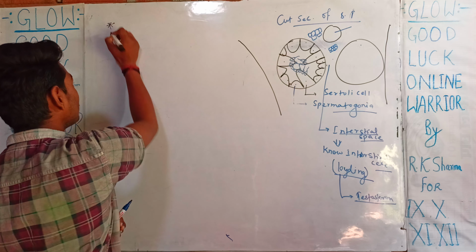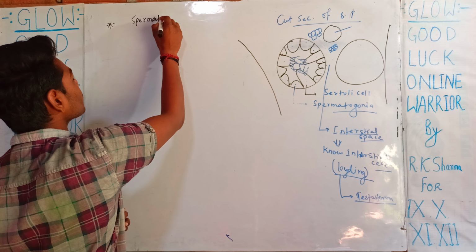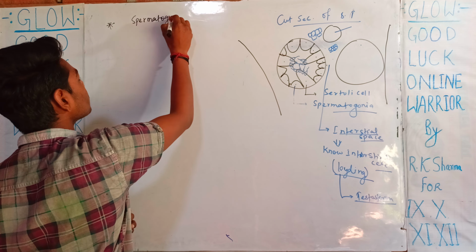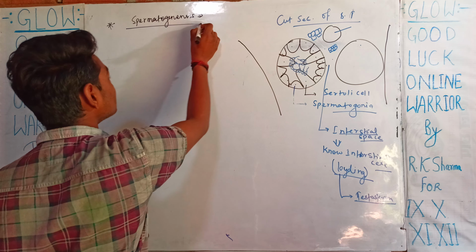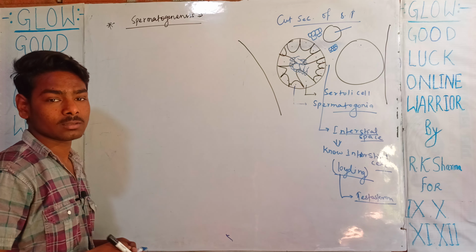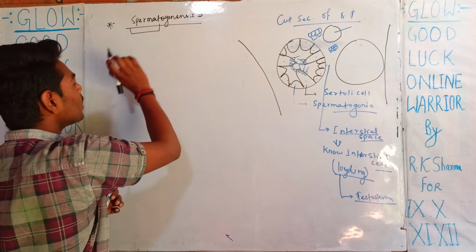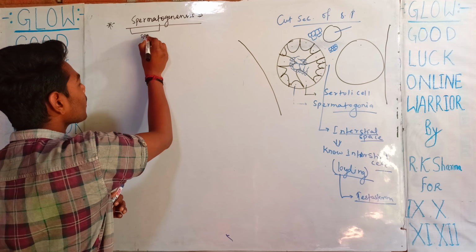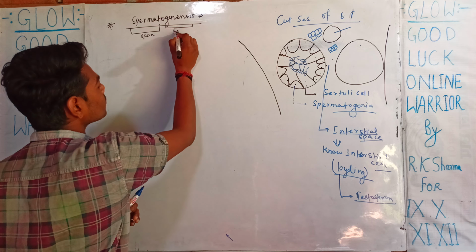First point, our topic is what? Spermatogenesis. What is the definition of spermatogenesis? The formation of sperm. We know that spermatogenesis uses the word sperm, and genesis means formation.